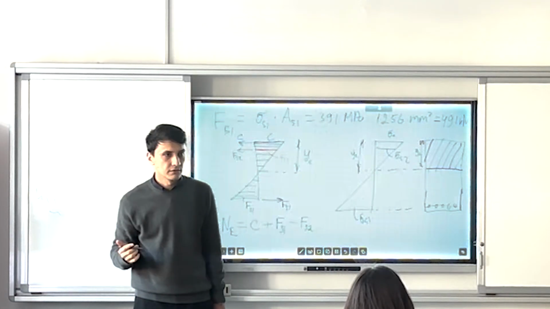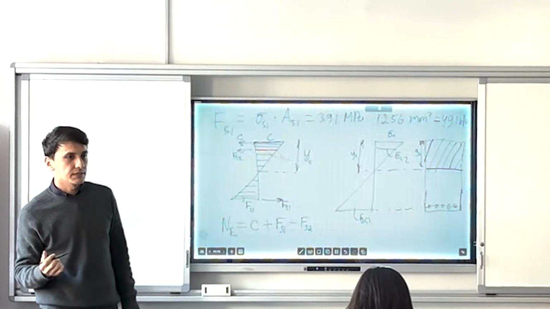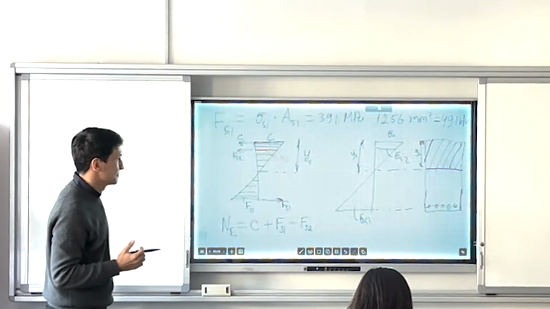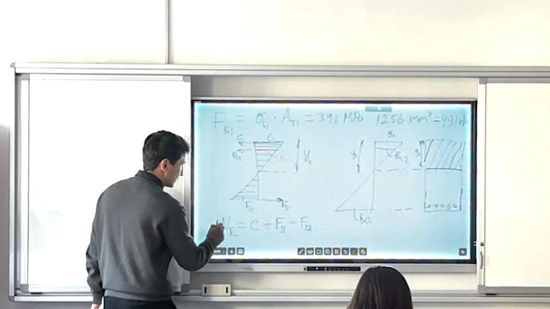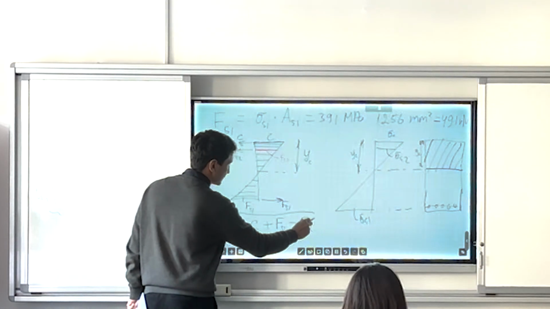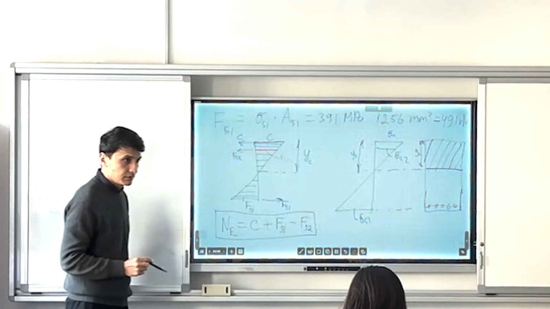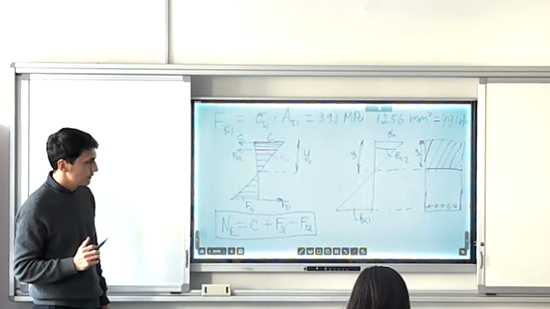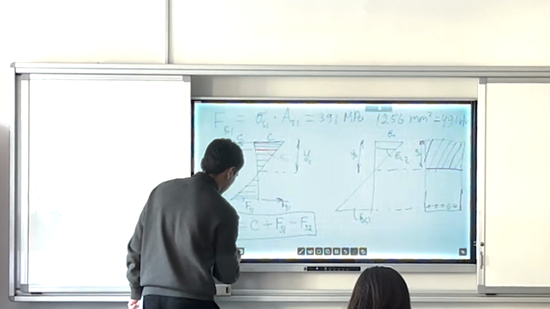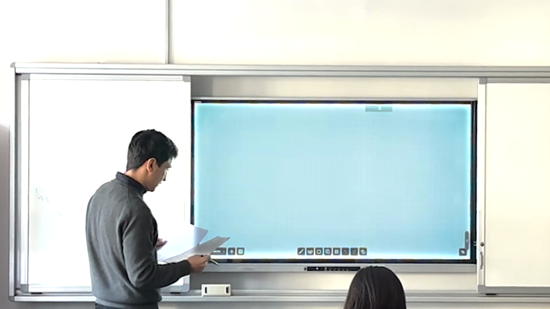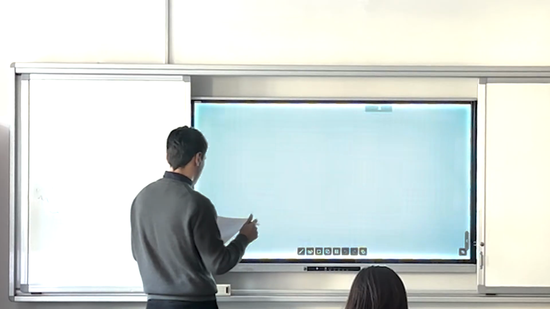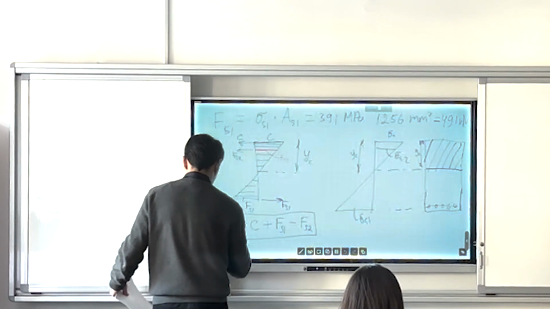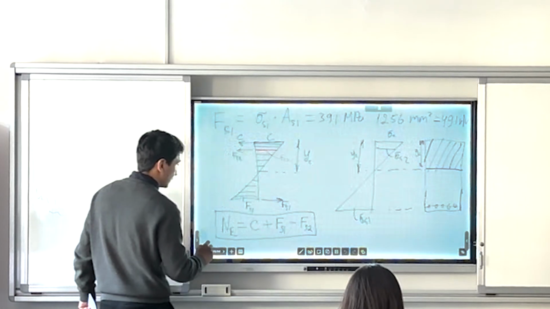We don't know YC. So the idea is to find YC, which is the neutral axis. In order to find the neutral axis, we write this equation. Clear? Now you will understand why.